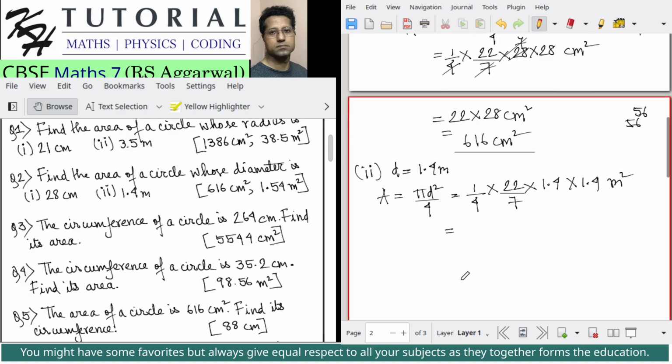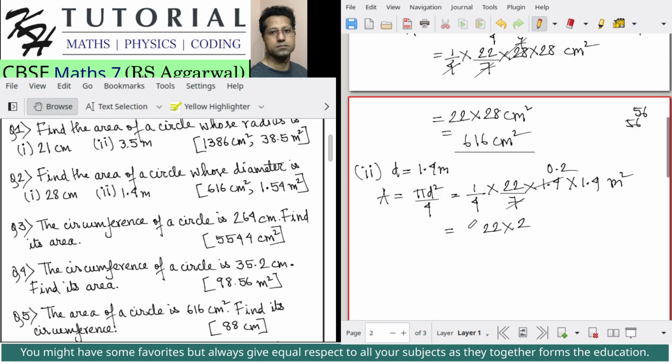7 will divide 1.4 with 0.2, and 28. And so this is 22 multiplied by 2. Let's convert the decimal into fraction.